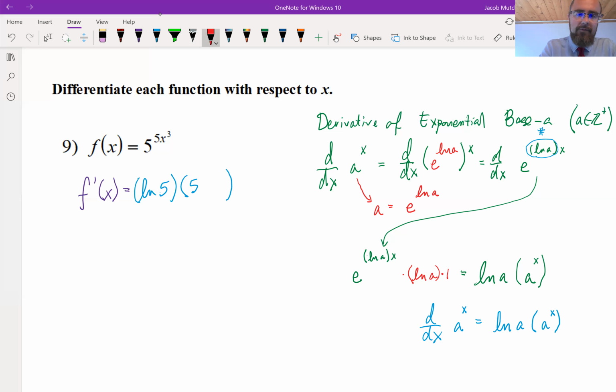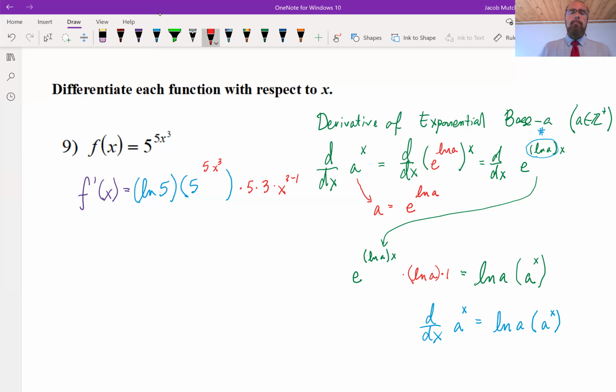And just to emphasize that, I'm going to write the power 5x cubed in red. Then I'm going to multiply times its derivative, which I'm going to write as 5 times 3 times x to the power of 3 less 1. So there's my derivative. I need to simplify that.